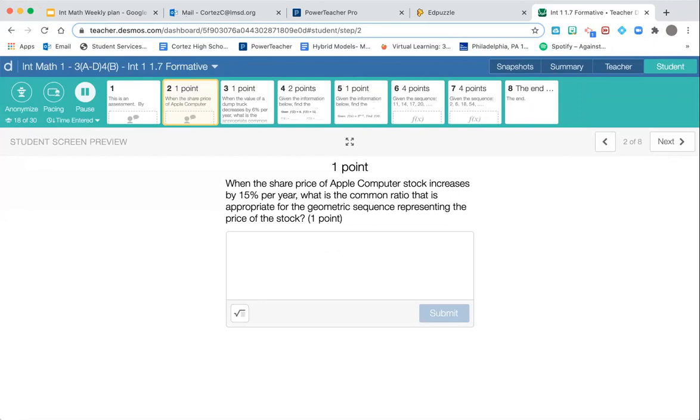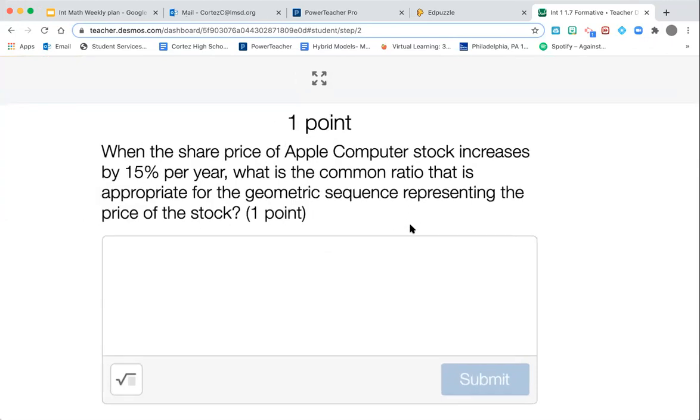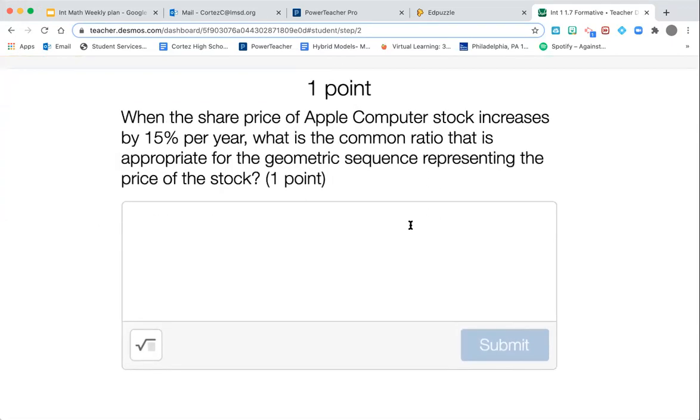This first problem has you talking about the share price of an Apple computer stock increasing by 15% every year. So I'll highlight some takeaways, some things that I think are really important. Apple computer, not super important to the context. Okay, I see that the stock is increasing.